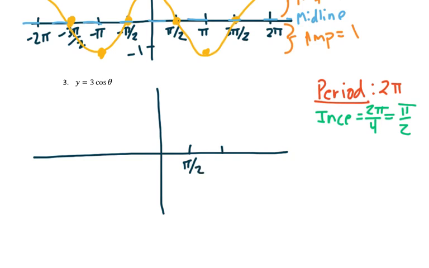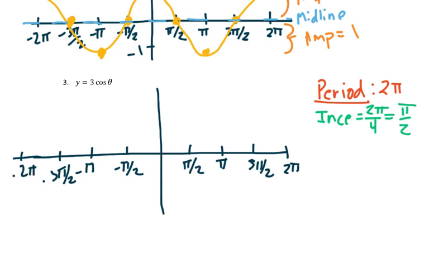So pi over 2, pi, 3 pi over 2, 2 pi, negative pi over 2, negative pi, negative 3 pi over 2, negative 2 pi. And then our next step, our amplitude. So notice here, our amplitude is 3. So this is our amplitude. That means I'm going to be going up 3 and down 3.